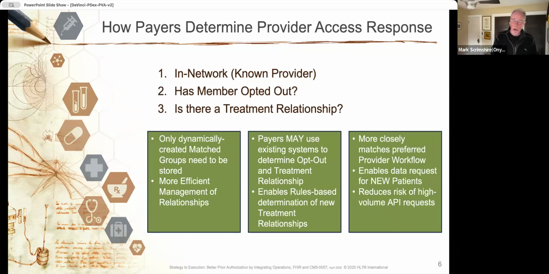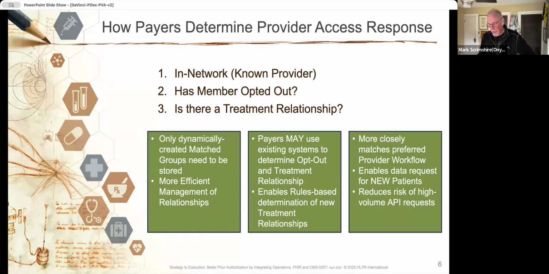Other people said no, they wouldn't do that, but they want to take the CDS Hooks in prior authorization and use those as a trigger. So we're not trying to get into the set of rules that you have to operate, but we try to provide the structure so that when you've made that decision about the treatment relationship, this is how you'll express it.